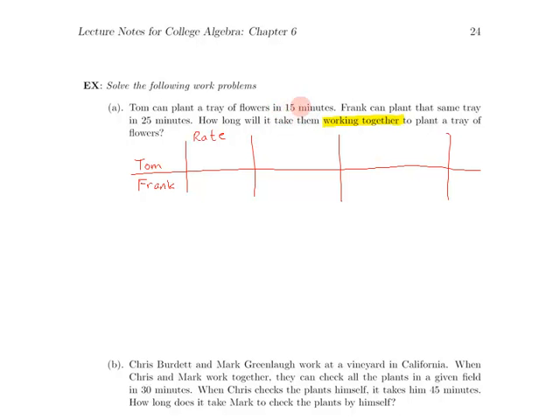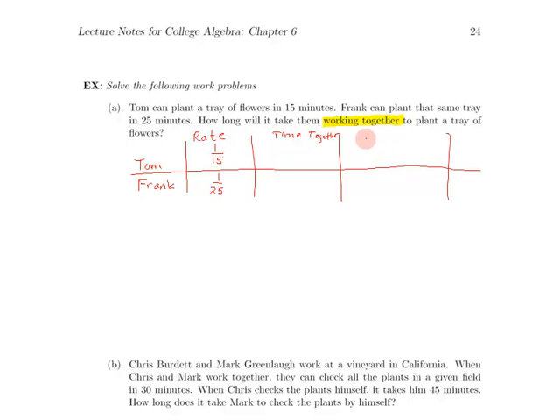Well, our units of measure are in minutes, and it takes him 15 minutes for the whole job, so his rate is 1 over 15. He will get 1/15 of the tray planted every minute. Frank's would be 1 over 25 because he gets 1/25 of the tray planted every minute. Now, how long do they work together?